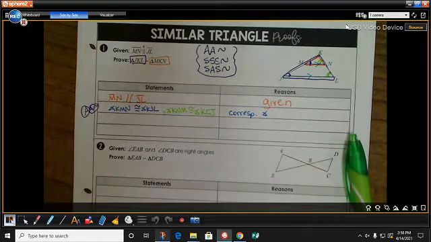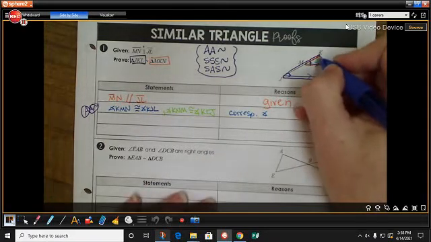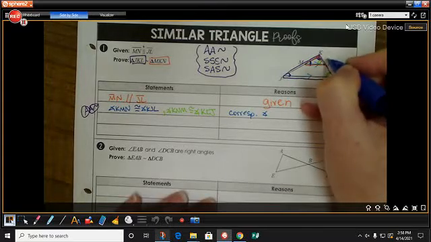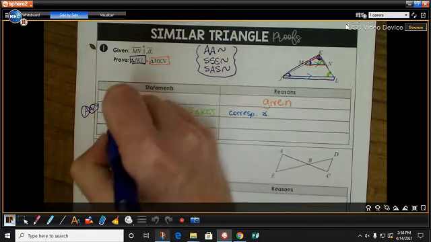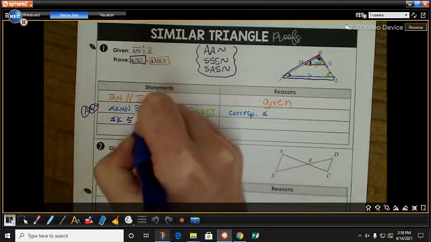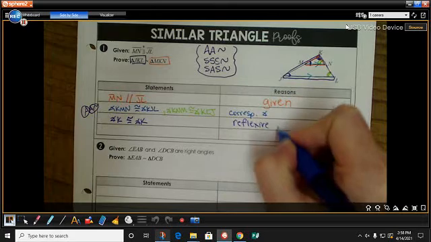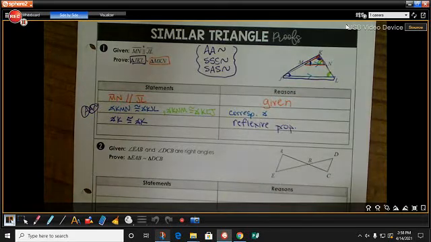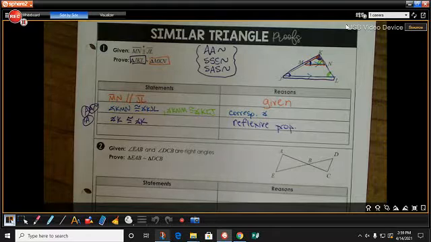Alternatively, if I forgot that either of those existed, I could look and say, oh, my little triangle has angle K up here, and my big triangle also contains angle K. So I could say angle K is congruent to angle K by my reflexive property. Remember, reflexive property means you're congruent to yourself. And that would be another set of angles being congruent.